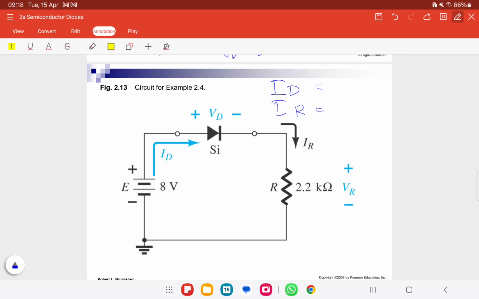Polarity of the diode in the positive, negative.